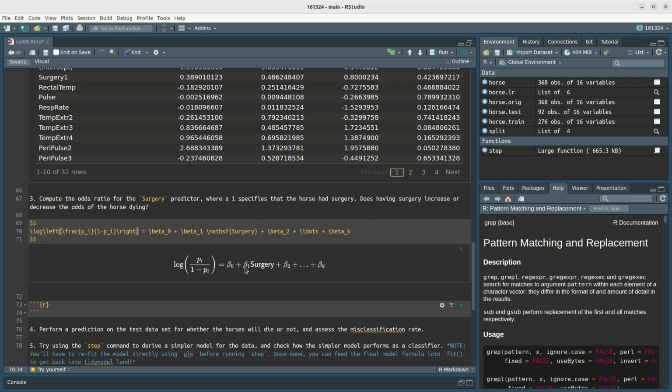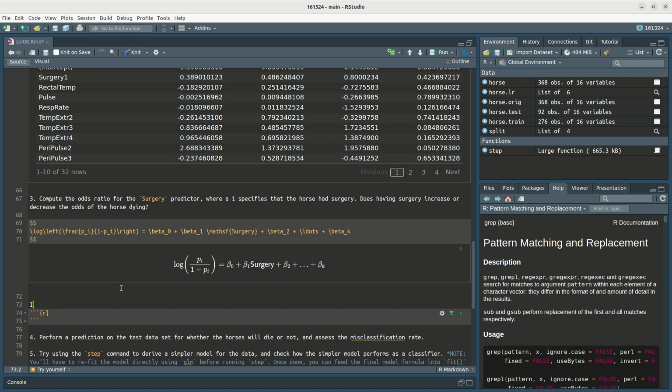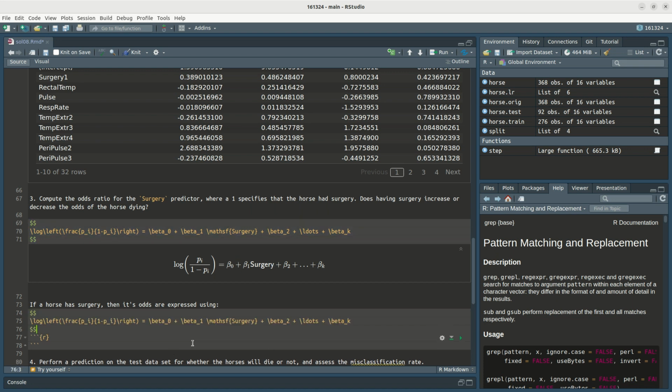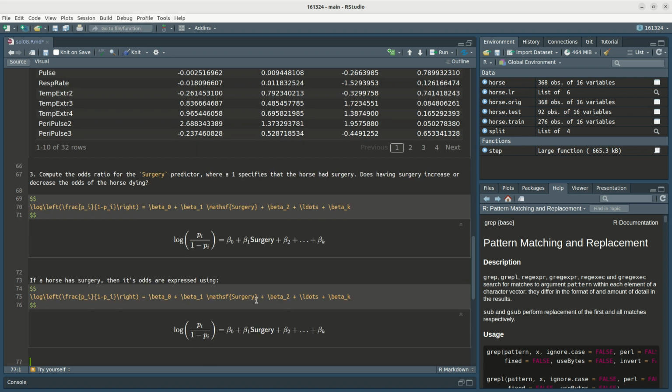So what does this mean in terms of this coefficient beta 1? Well, if a horse has surgery, then the surgery effect is 1, and so we're going to have 1 here, right?